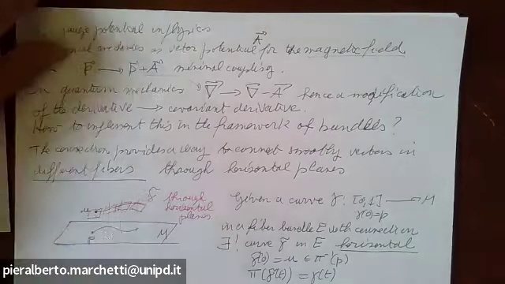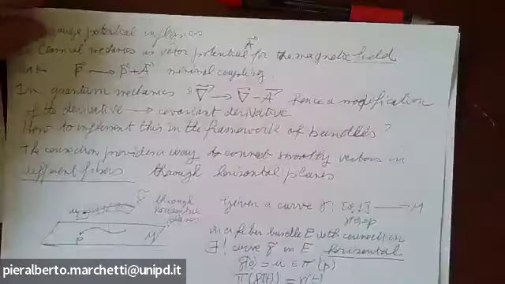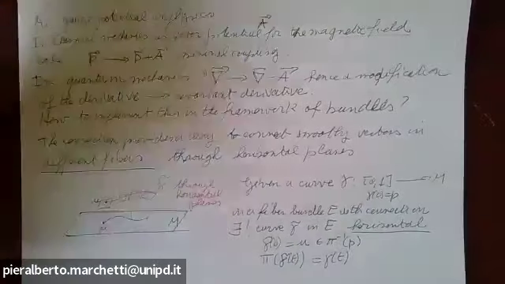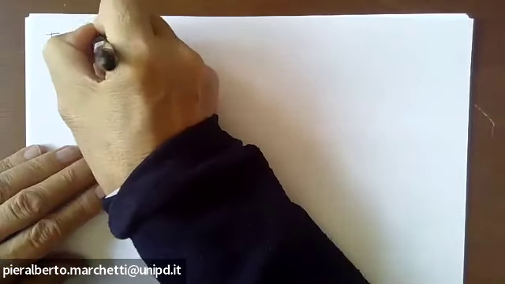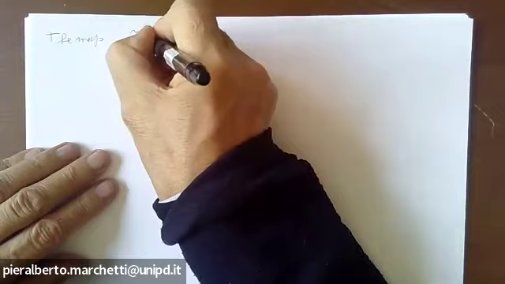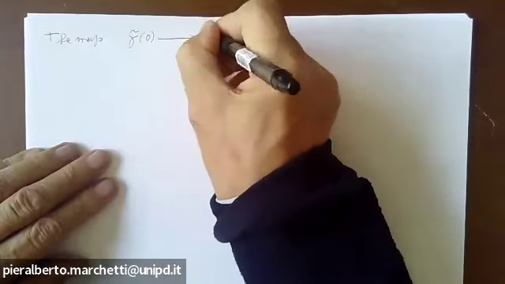So now the map which associates to gamma tilde of 0, so our U, gamma tilde of t.